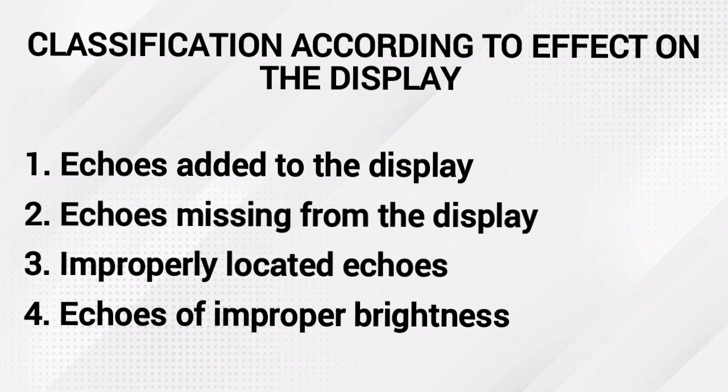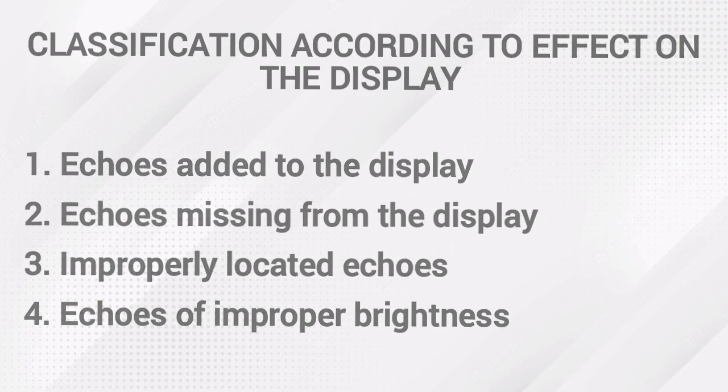These are real echoes that are seen in the display, but they appear in different locations, like you find in the misregistration artifact. Number four, echoes of improper brightness, and echoes of poor or improper shape or size.